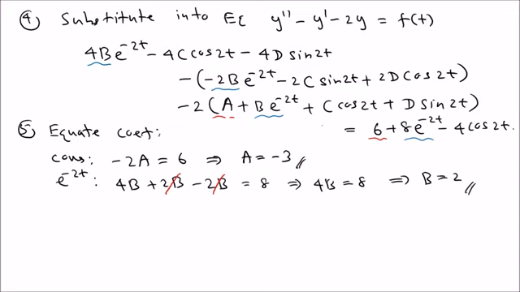So we already know a, we already know b. Now the only thing that we need to do is find the coefficients of sine and cosine. So let's go with cosine 2t, because they are also linearly independent. If you go with that, we have a cosine term here, we have a cosine term there, and then this. Those are the terms. So let's go one by one. The first one is negative 4c. The next one is negative 2d.